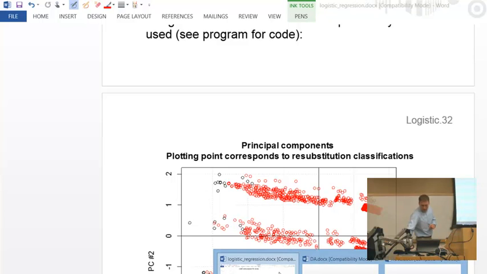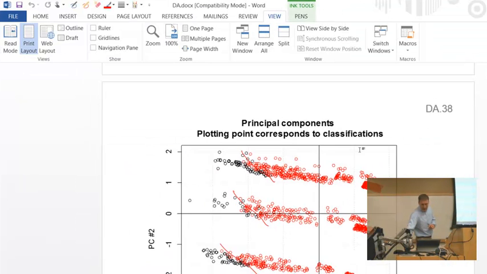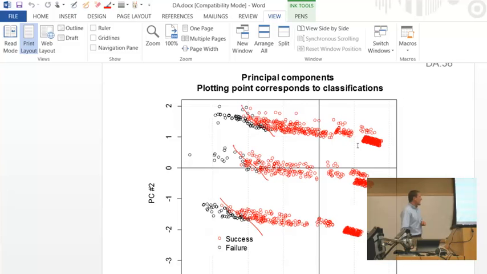Just to review a little bit, for linear discriminant analysis, this is what we got. This is a plot of the first two principal component scores, and these are the actual notes I had made on the plot previously. You can see we have a pretty definite dividing line between the successes and the failures in our classification.